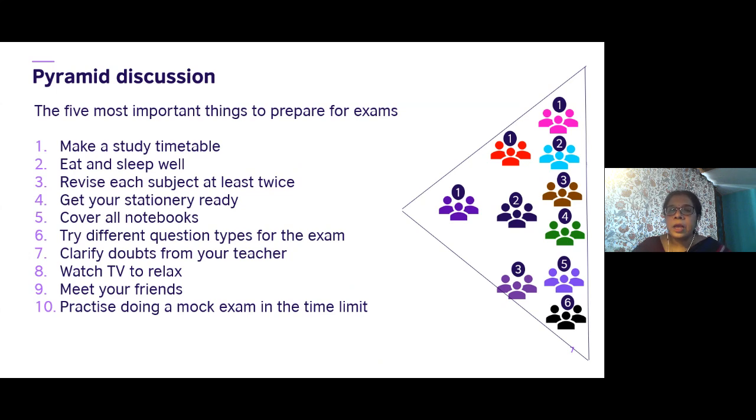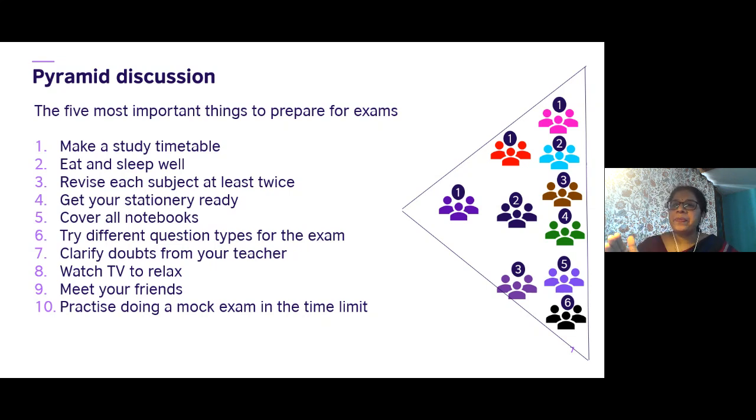The image here is a clue on how you can do this so that you involve all your students in this discussion. You begin by making student pairs. So you get 2 students together and they discuss and finalize their list of 5 important things to prepare for the exams. All students will discuss this with their partners.